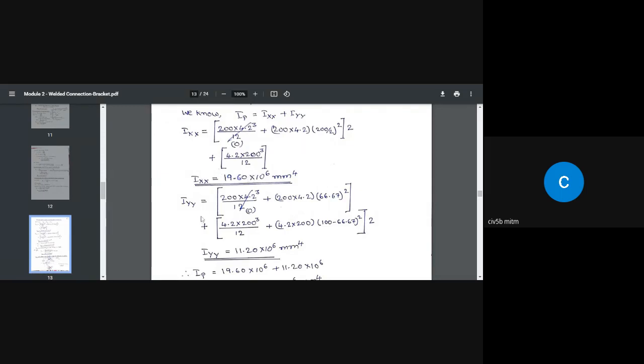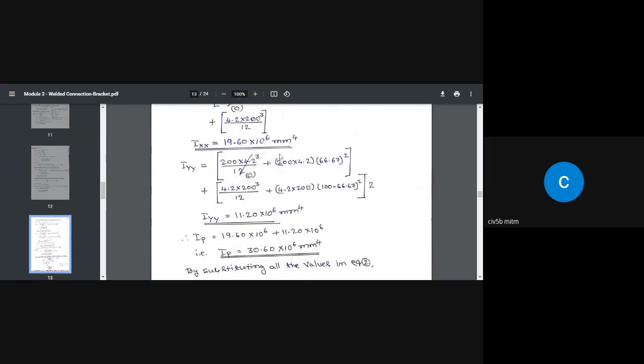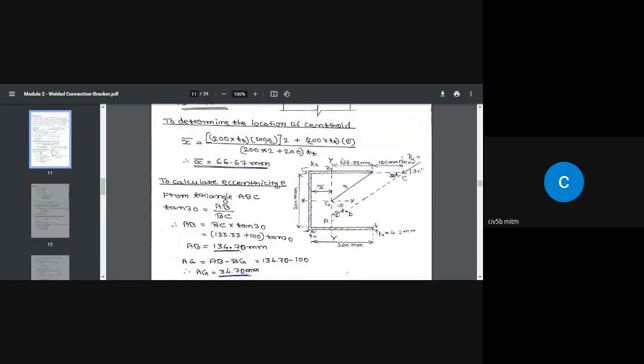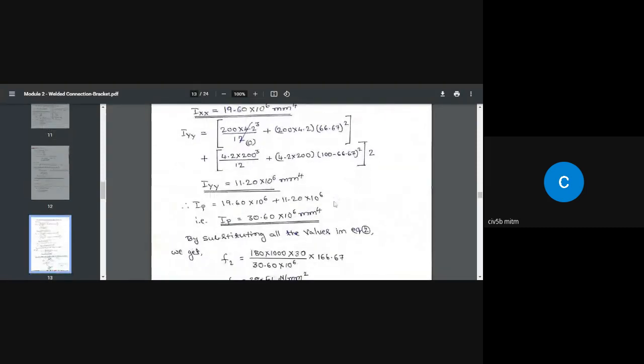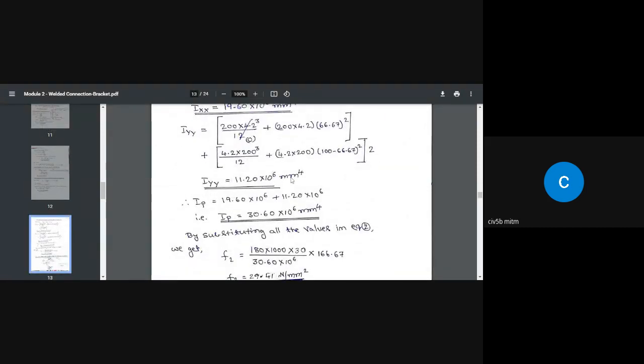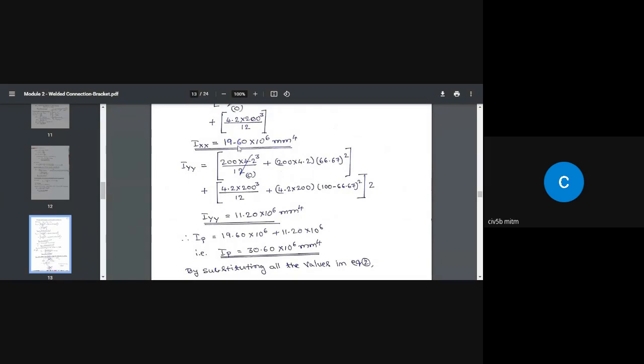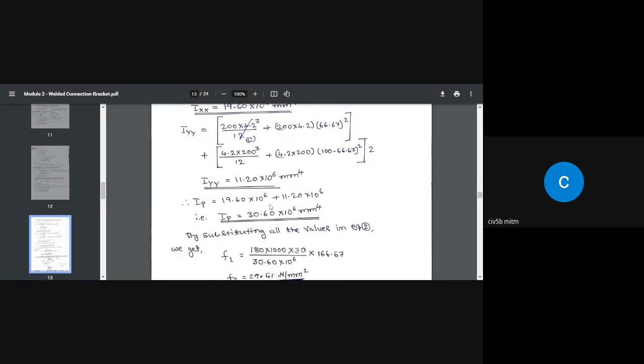Similarly, IYY is the moment of inertia of the weld about the YY axis passing through the centroid. I add these two numbers and get the polar moment of inertia IP equal to 30.60 multiplied by 10 to the power of 6 millimeter to the power of 4.